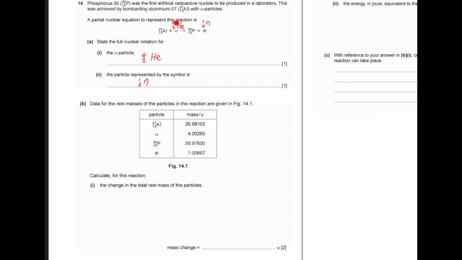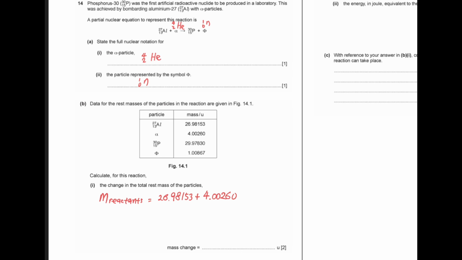Okay, let's find the reactant first. We have aluminium-27 and alpha, so I have to add these up. For the mass of the reactant, we have 26.98153 plus 4.00260.